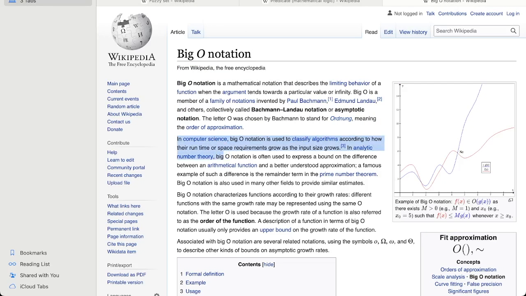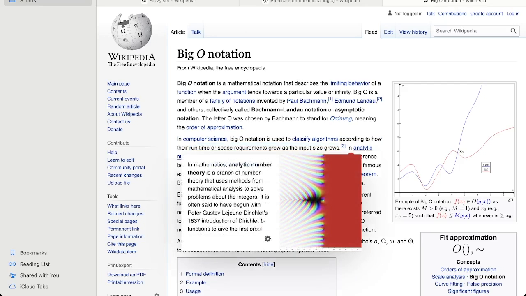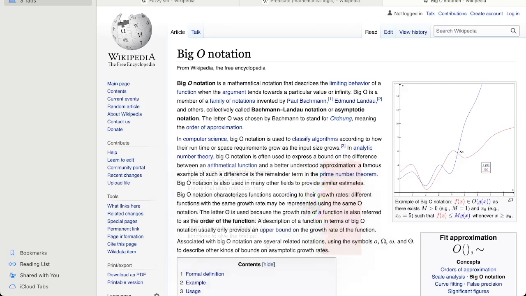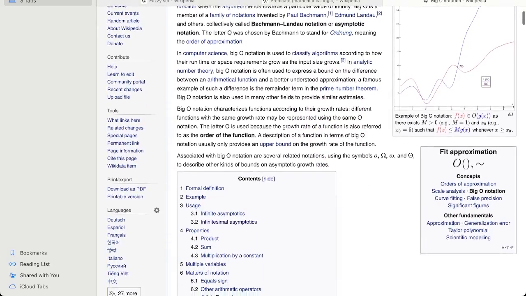I also showed Big O notation, which is a classification for algorithms to show how their runtime works, which is important in analytic number theory.